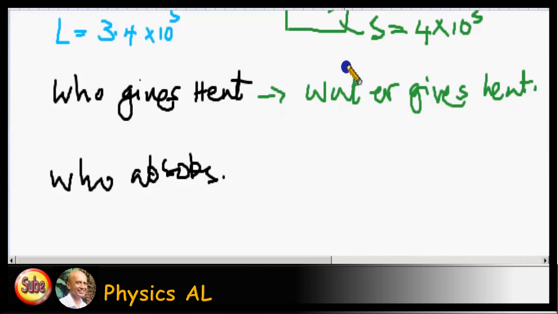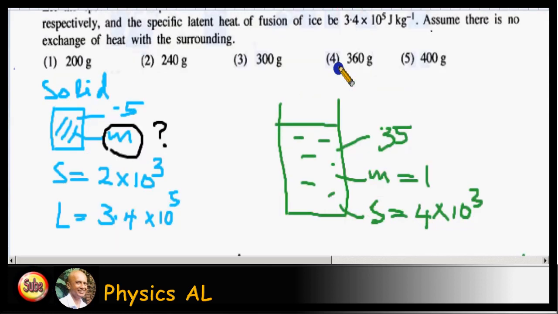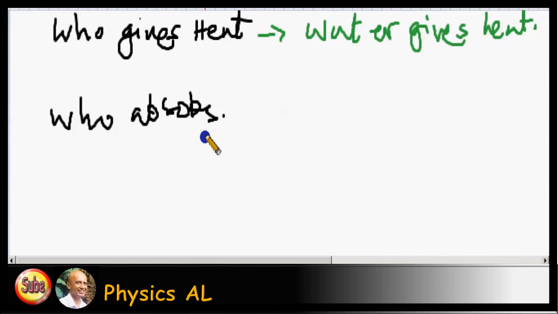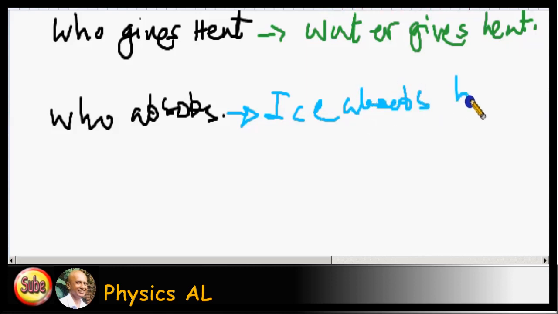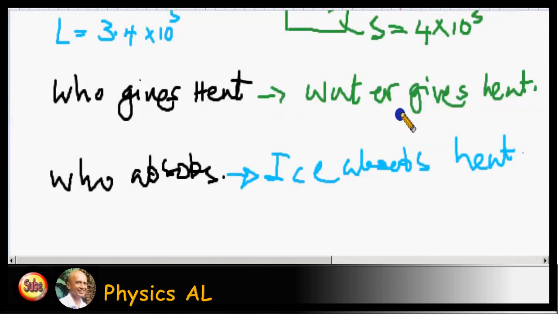Then if someone's temperature is lower, what happens? It absorbs heat. So here, in this case, ice absorbs heat. Then we know who gives and who absorbs.